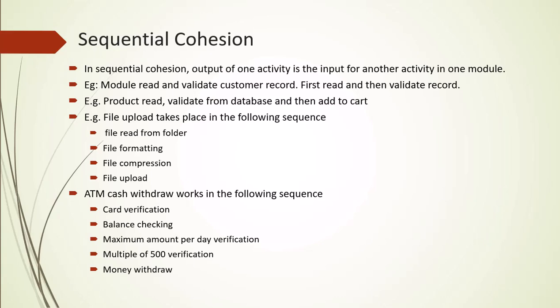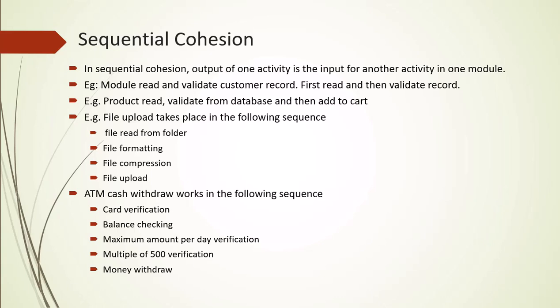For example, a module to read and validate a customer record. For validation of the customer record, first the record should be read. This is activity 1, and then it is validated. Without reading, it cannot be validated. So the execution is in sequence.